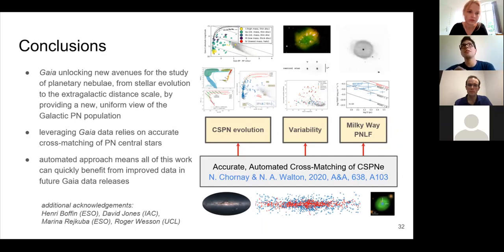In theory, I've looked a bit into this. I think in theory you should be able to do it, although there are a lot of steps involved. If you assume the theoretical tracks and the visibility time scales, you should be able to forward model a mass distribution into an observed distribution of central star absolute magnitudes.